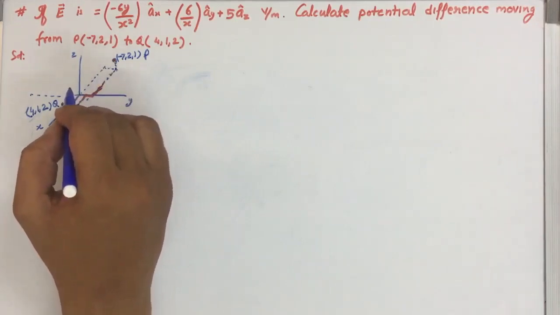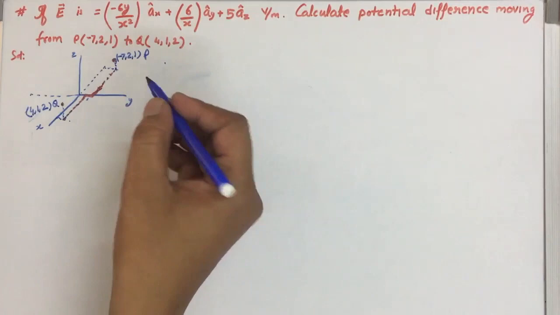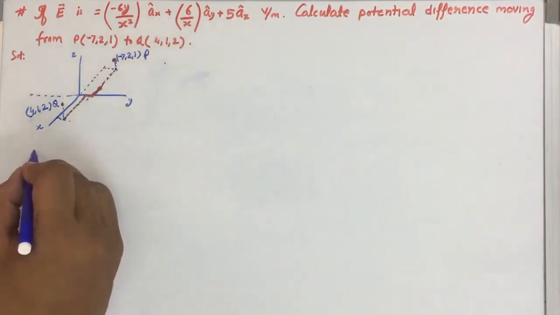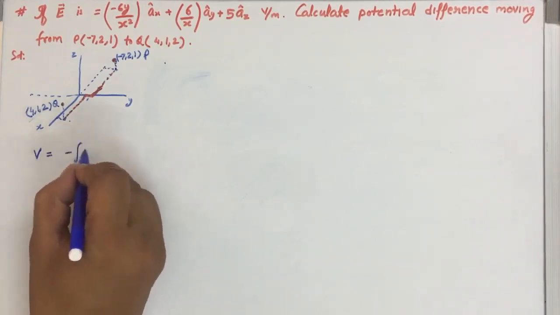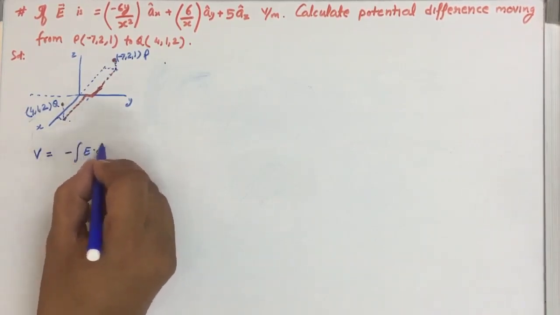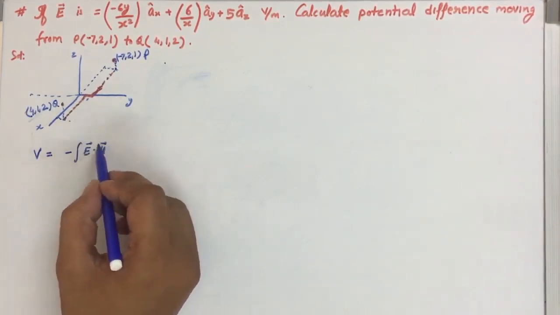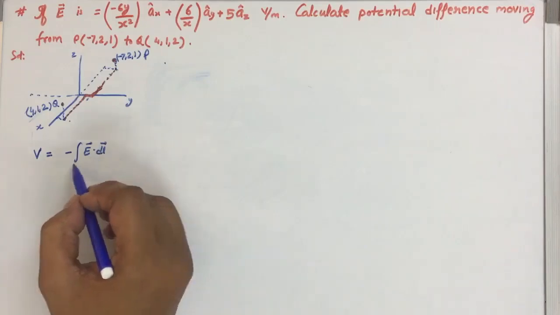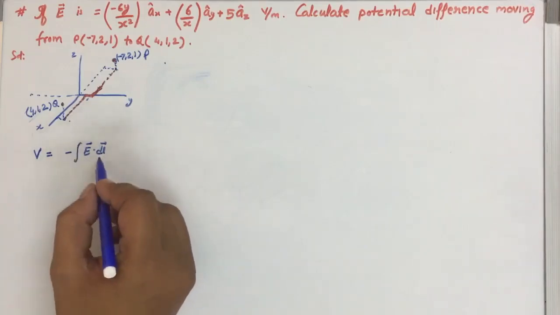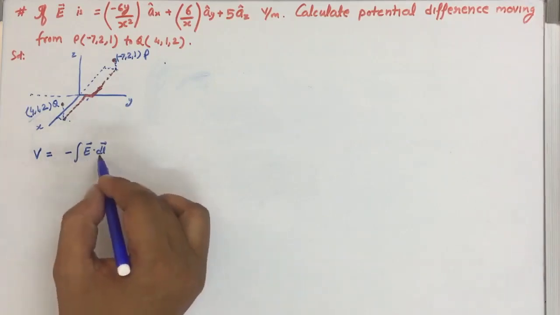So first of all, to find the potential difference, we know that V can be written as E dot dl. We know this. If we have E, then the only parameter required to find the potential difference from P to Q is dl.